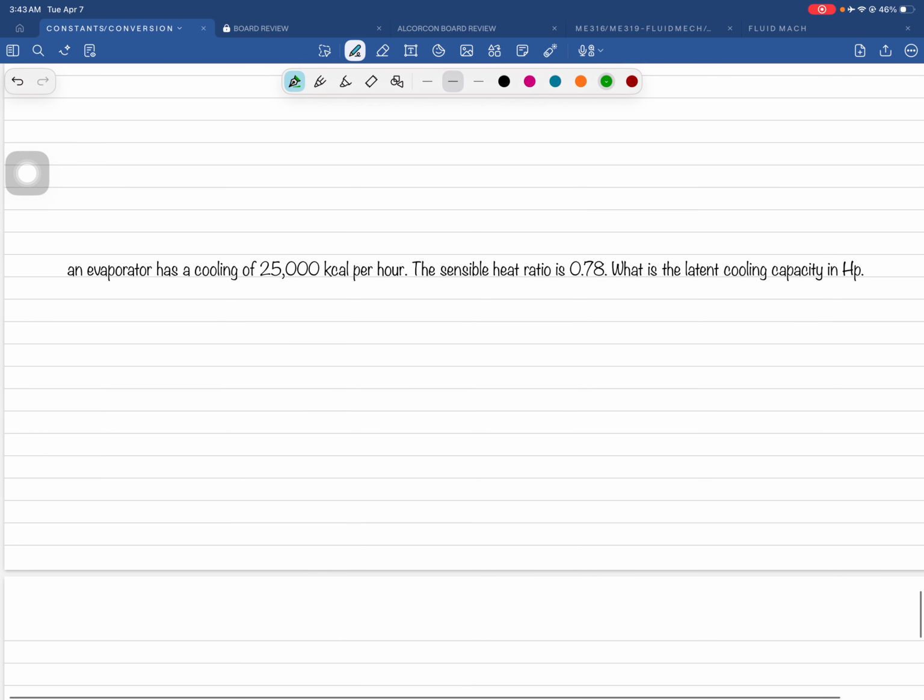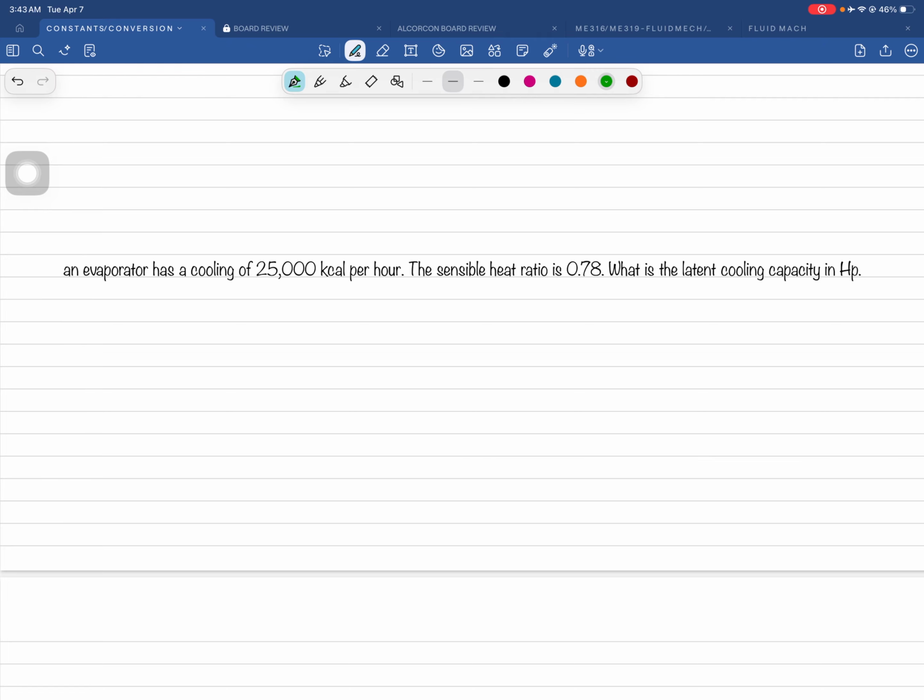So the second problem here should be easy. Again, in the cycle, you have evaporator, compressor, condenser, and you have the expansion valve.